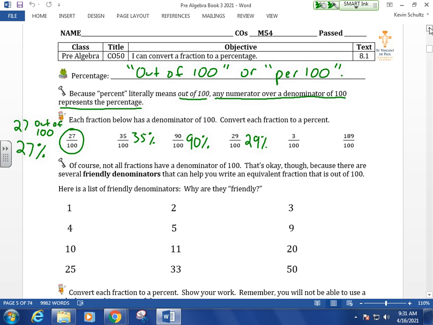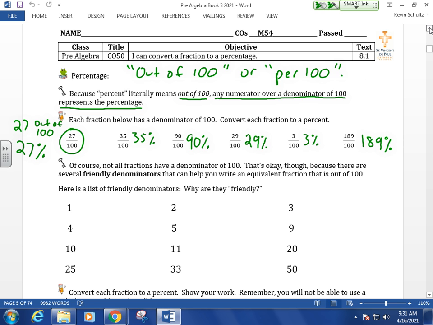Everybody. 3%. 189 out of 100. Everybody. 189%. Okay? When that denominator is 100, it makes that correlation between fraction and percentage very easy, very apparent.